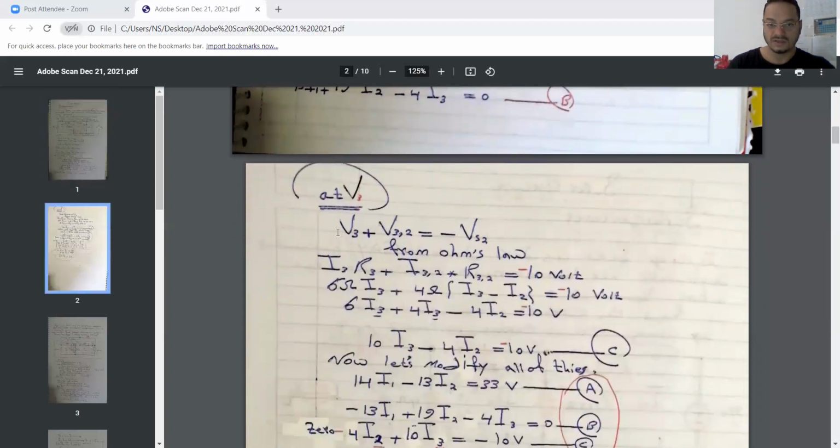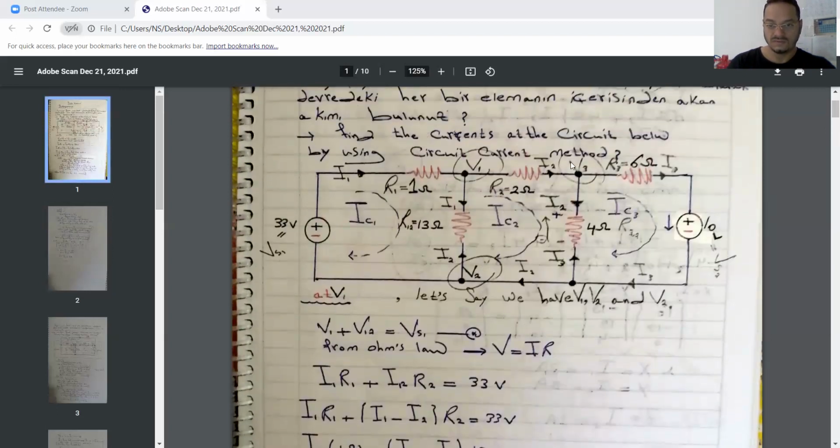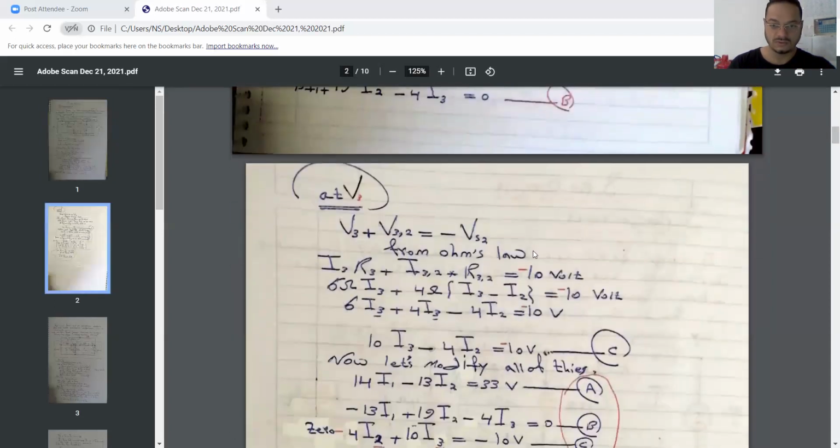Now V3 equals V3, known V3, V3 plus V32 plus VS2. V3 at first, and after that V32. The last one plus VS2, 10 volts.